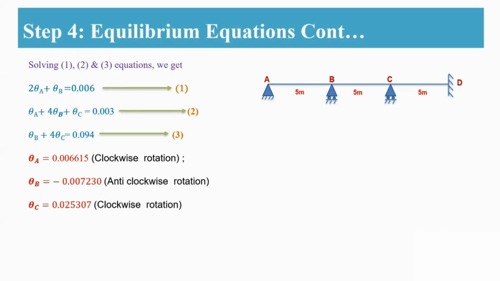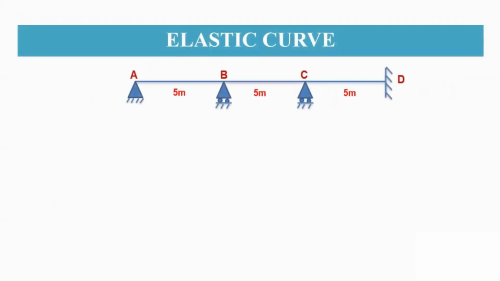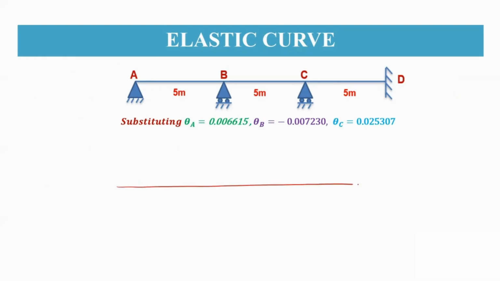After getting these values, we are going to plot the elastic curve. To draw the elastic curve, these are the values. So just see. This is A support, and this is B support, and this is C support, and this is D support.